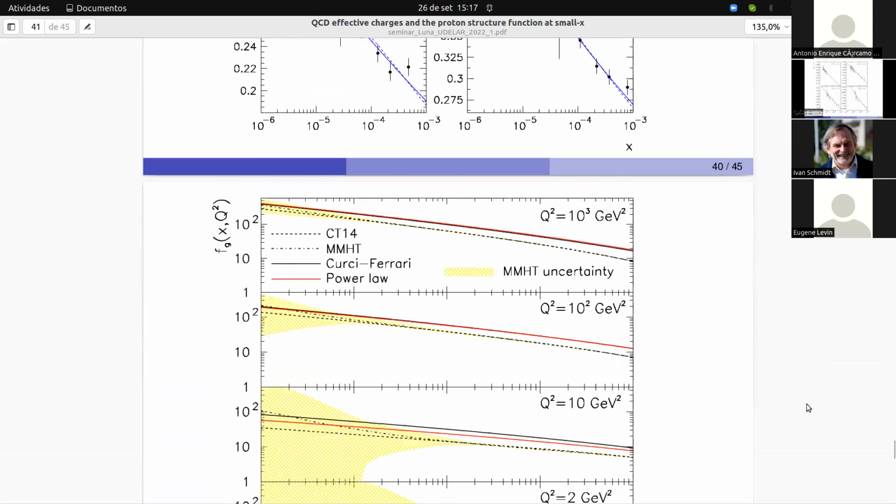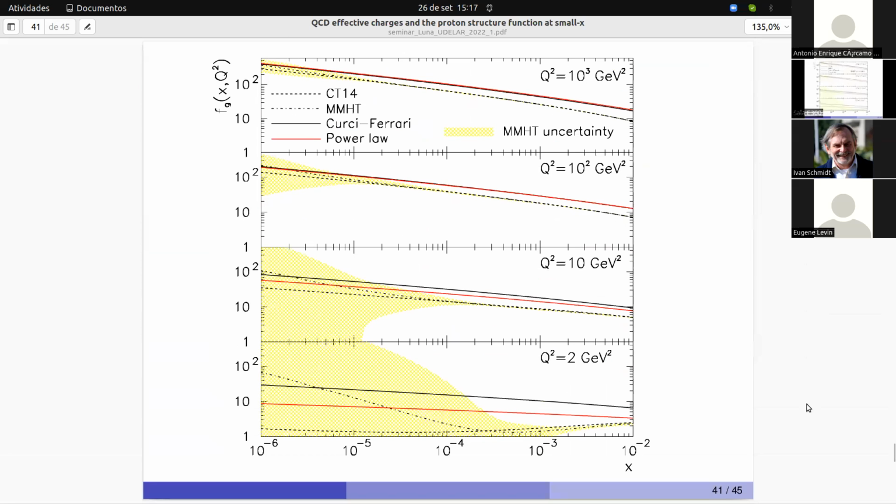And more interesting for us, with this formalism you can extract the gluon parton distribution. Here we have compared our results with the latest post-LHC gluon parton distribution. You can see that this yellow band is the uncertainty, at chi-square equal to 2, 10, and 10 to 3, okay?